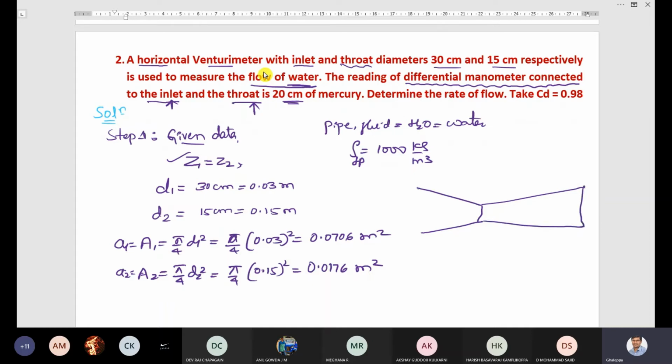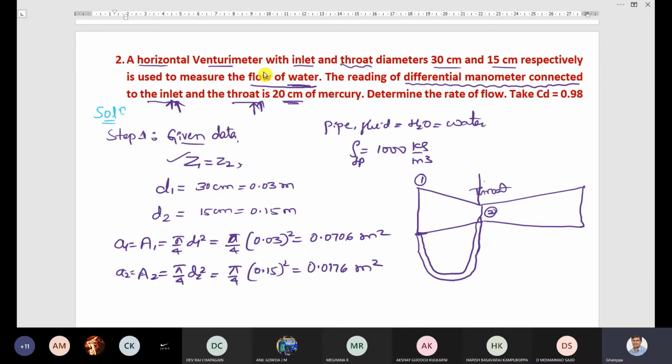In the previous problem, we solved one numerical where the difference between inlet and the throat was measured with the help of a piezometer. He directly gave the value of H in terms of centimeter or whatever. But here, between inlet and the throat, he has used a differential manometer. So I will draw one differential manometer between these two sections, which is used for measuring the pressure difference between inlet and throat section.